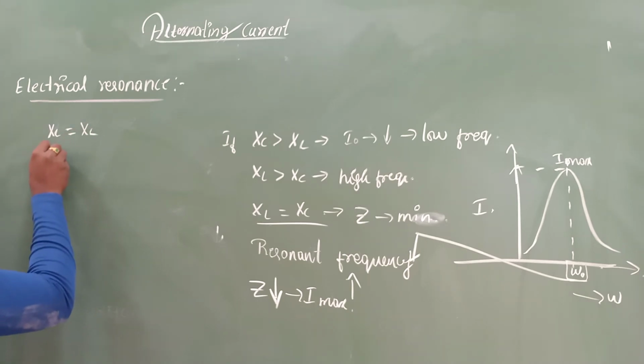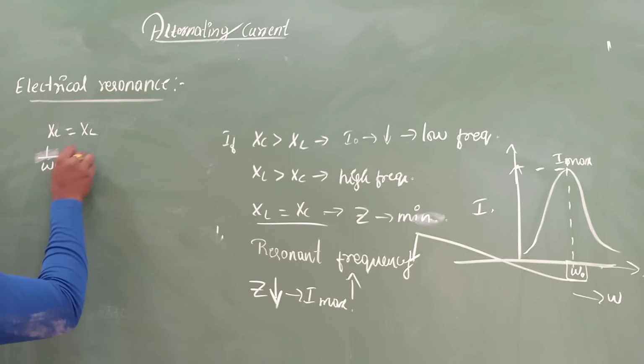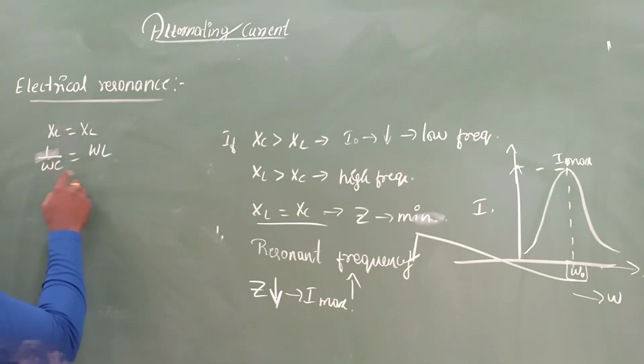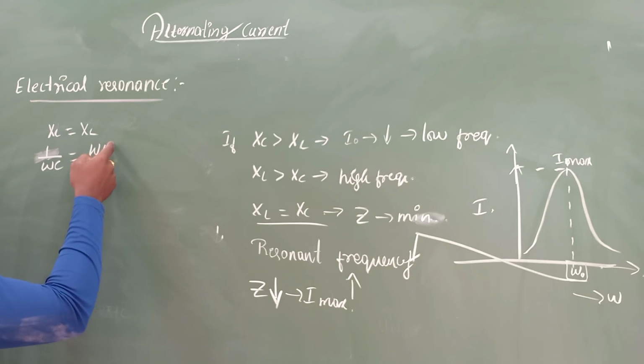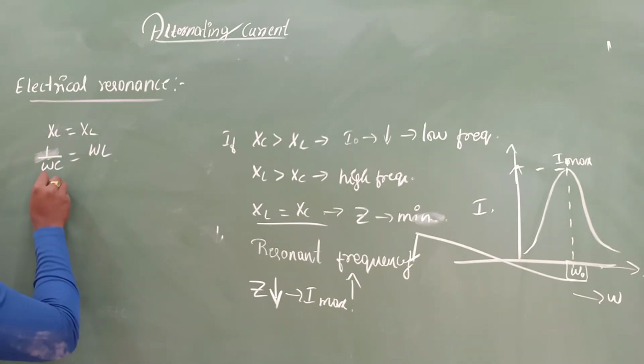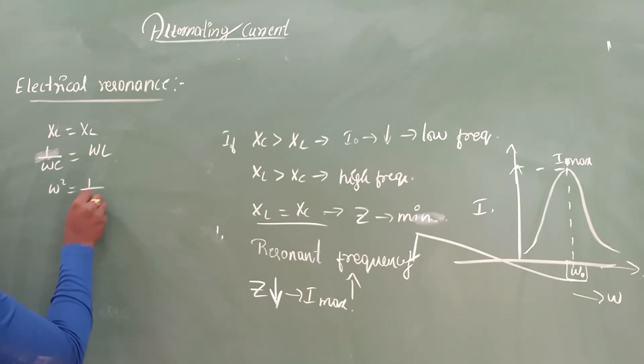So 1 over omega C is equal to omega L. Take omega to the RHS and L to the LHS, or we can write omega square is equal to 1 over L into C. You know the value of omega: omega is equal to 2 pi f.